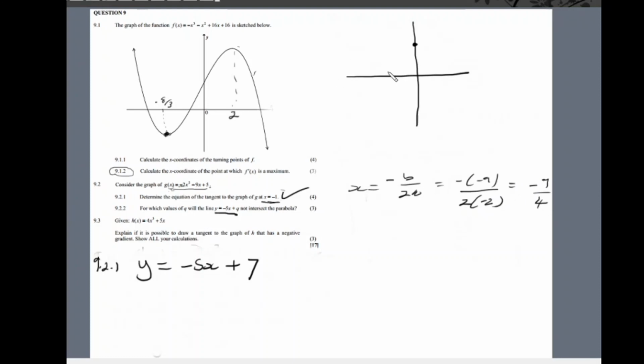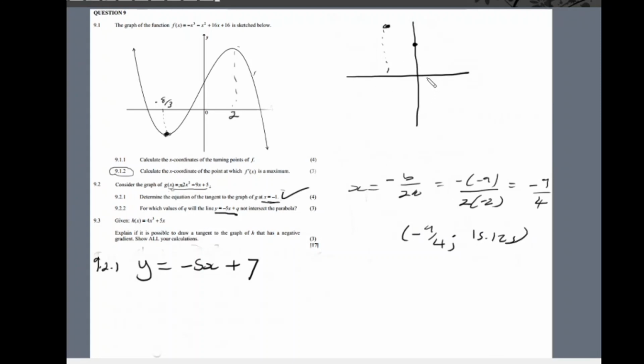And then our turning point, if you substitute minus 9 over 4 into the function g, you have minus 2 times minus 9 over 4 squared, minus 9 times minus 9 over 4, plus 5. You'll get the turning point to be minus 9 over 4 and 15.125. That will be somewhere there.